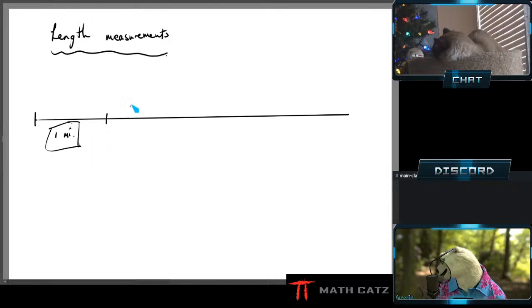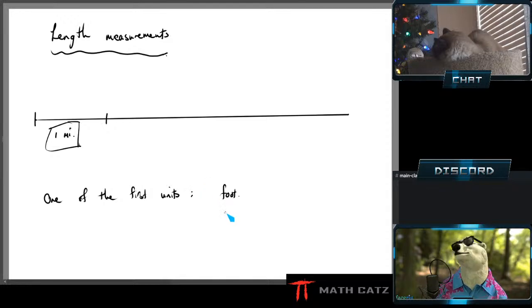So, historically speaking, one of the first units was a foot. They measured the king's foot, and that was how they would refer to lengths. That it's maybe 5 feet, 5 times as long as the king's foot.